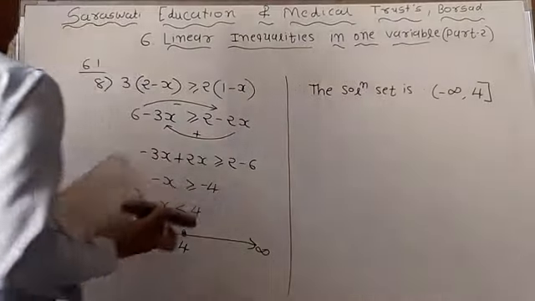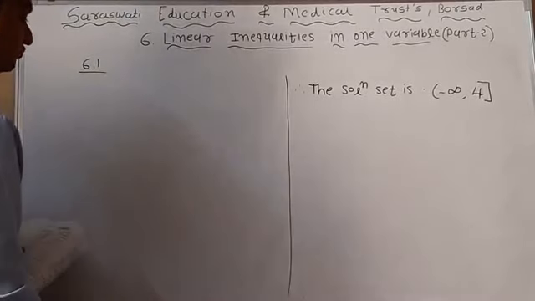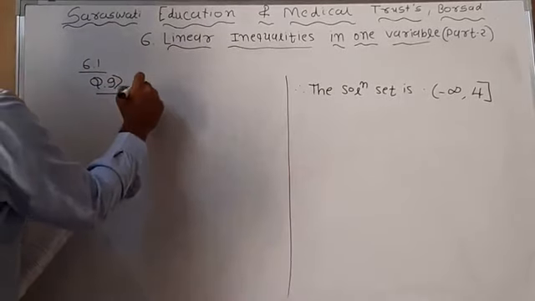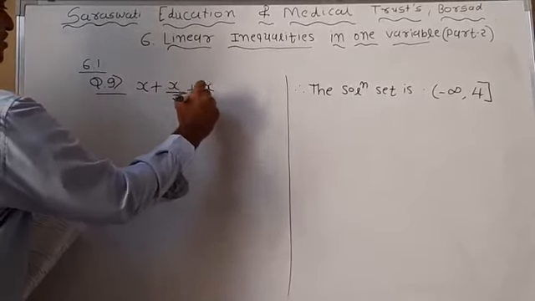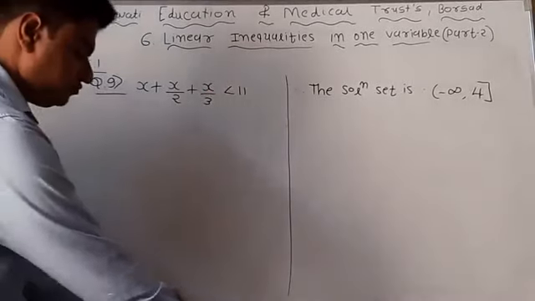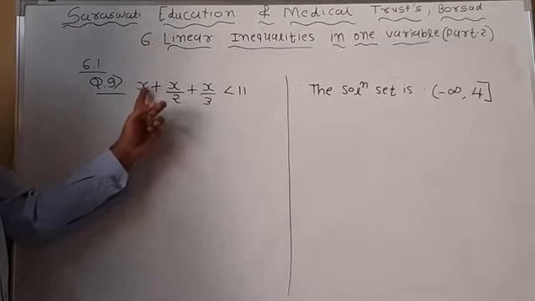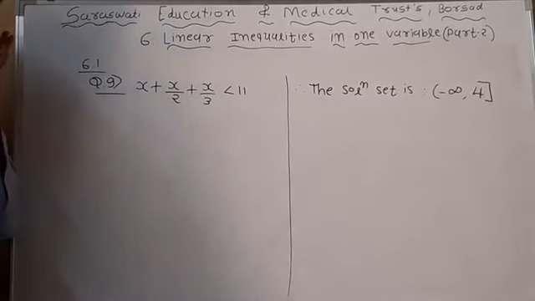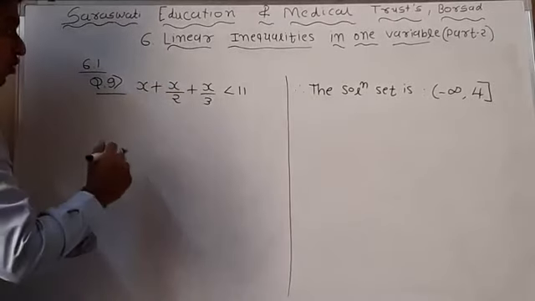Question number 9. Solve x plus x upon 2 plus x upon 3 less than 11. So here 3 terms are present on the left side. First of all, solve this equation and find out the value of x.